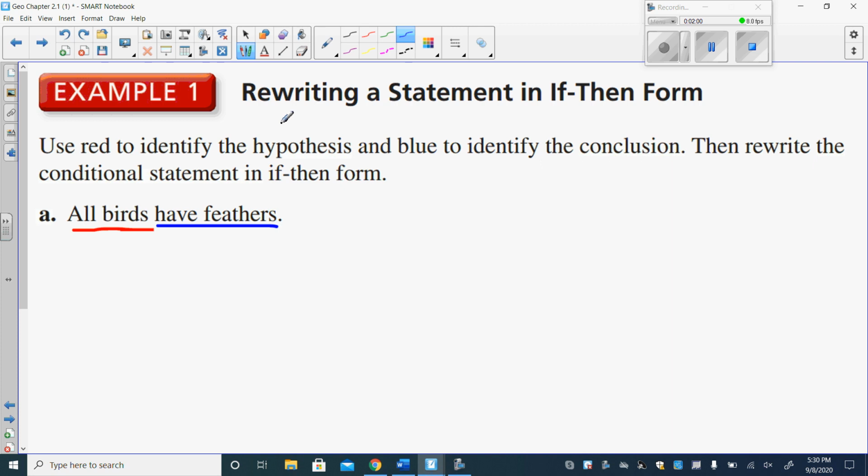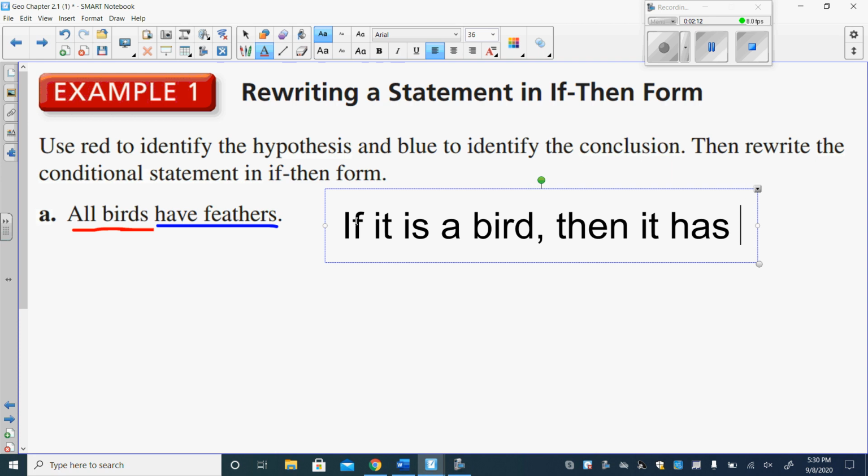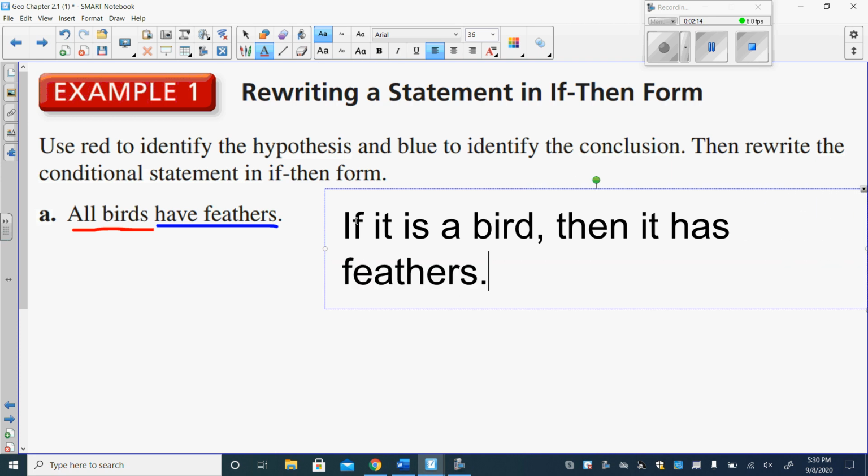It has feathers. So our overall if-then statement is: if it is a bird, then it has feathers. We don't have to have the exact order. I'm not taking word for word, if all birds then have feathers, because that doesn't quite make sense.